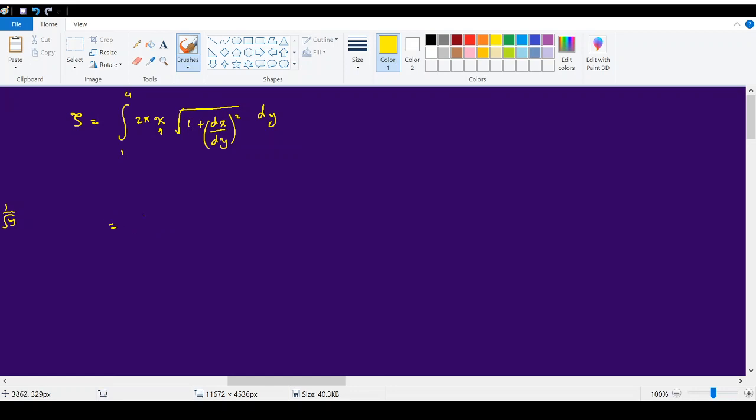But before that, there's a small glitch in this equation. See here, this is an integral of y. This integral runs through y, but we have written an x term here because it must be there for the formula to tally with the y-axis rotation.